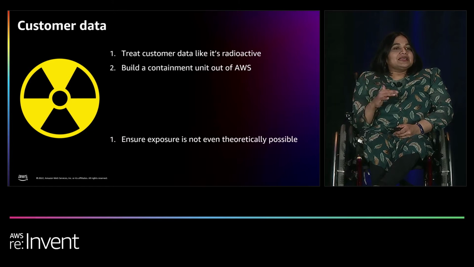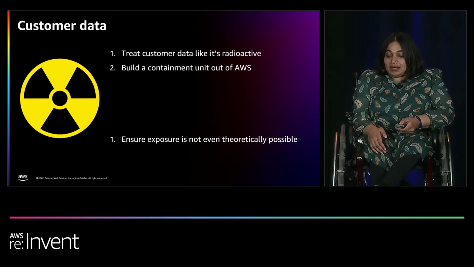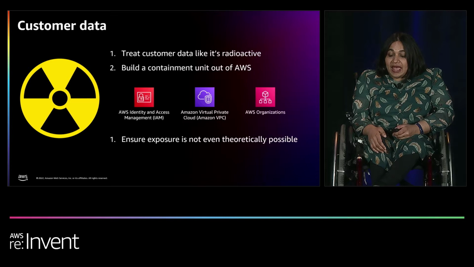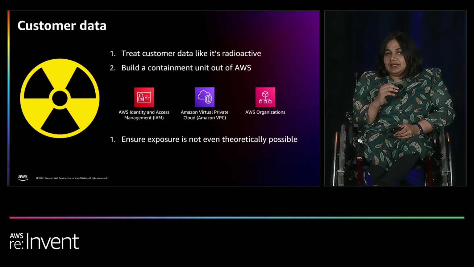So the idea here is to ensure that exposure is not even theoretically possible. And as each of these things happen, we can be using automated reasoning and provable security to really show that the zero trust architecture holds here.